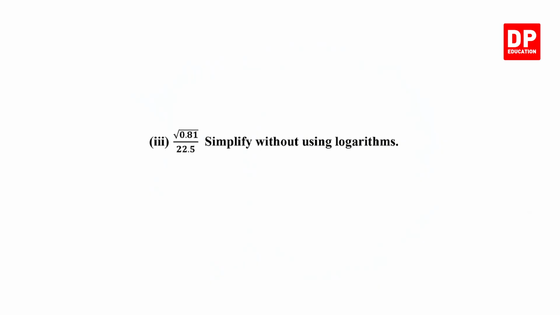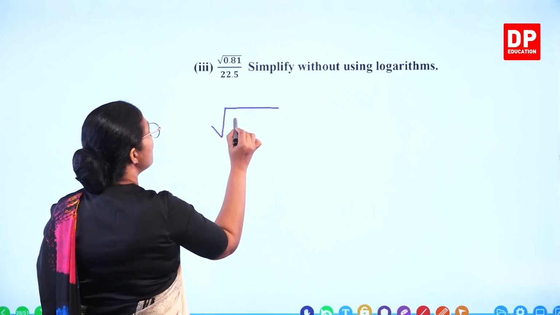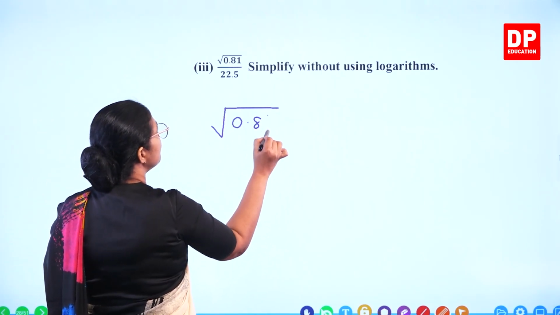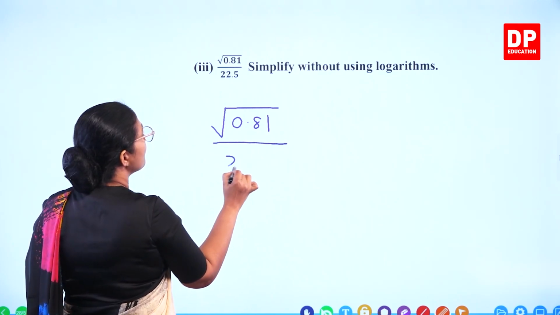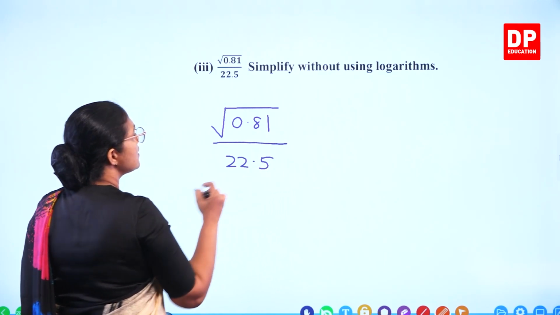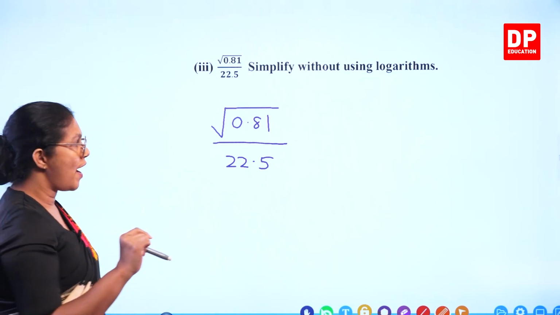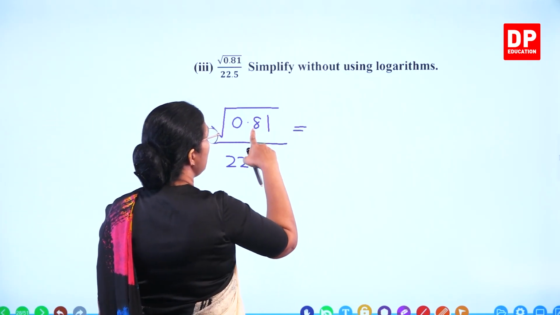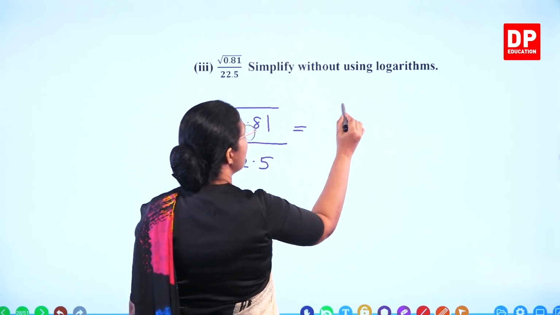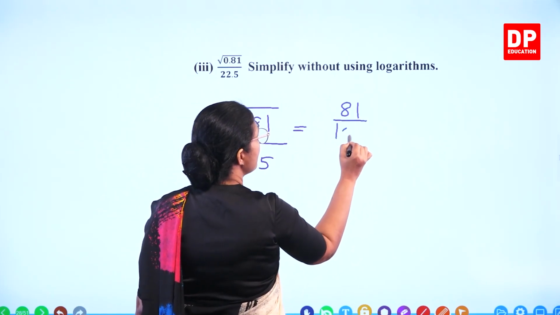Part 3, simplify without using logarithms. So how are you going to simplify? What's the easiest way to do that? You can write a decimal as a fraction. 0.81, you can write 81 over 100.